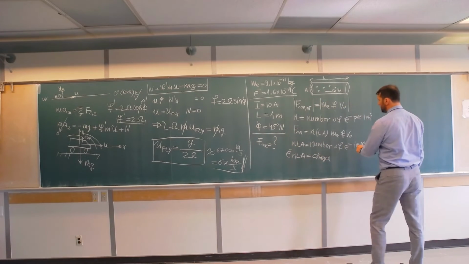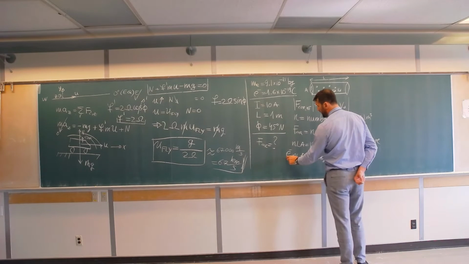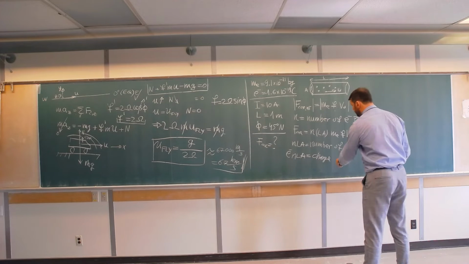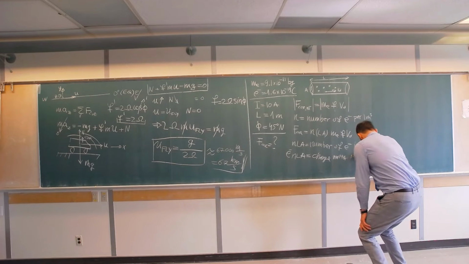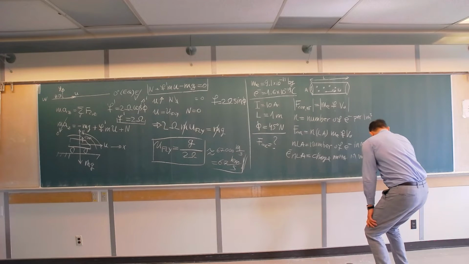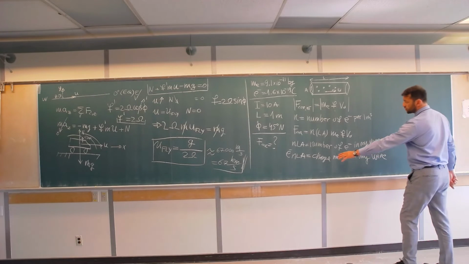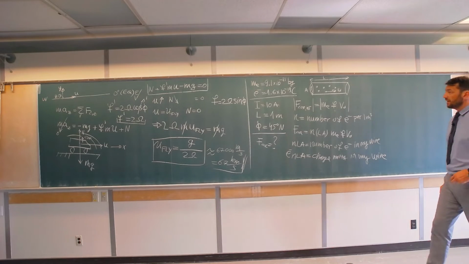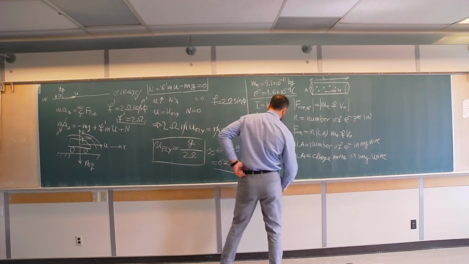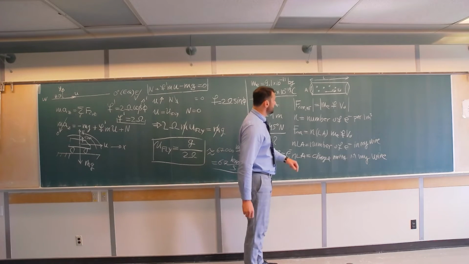Because each of these electrons carries one charge, I multiply the number of electrons by their charge, and I get the total charge moving in my wire. That's this, and generally we call this Q. So Q is this variable.